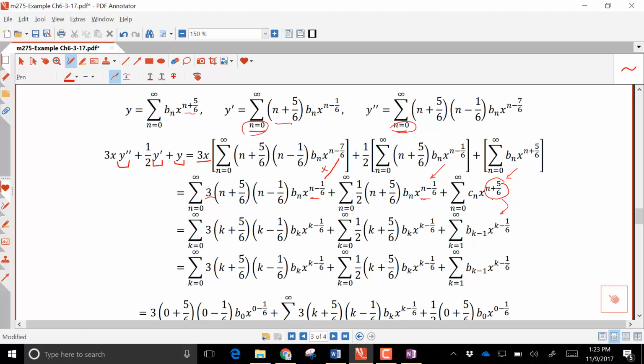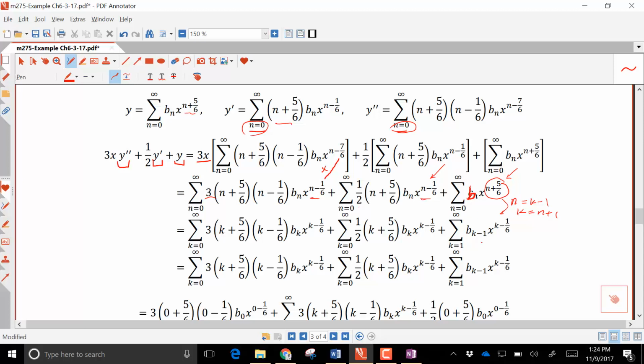So what do we do to change that power? Remember that when you take derivatives, you're really subtracting 1 from these powers. So it's about subtracting and adding 1 to these powers. Here it looks like I want to subtract 1, so I want to replace n with k minus 1, or k is going to be equal to n plus 1. So do that switch. You subtract 1 from n. This should be a b, another typo.